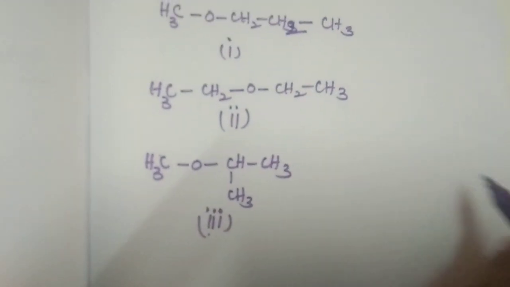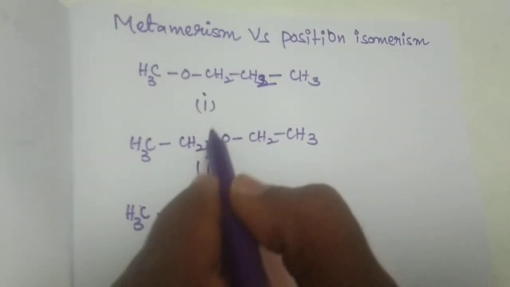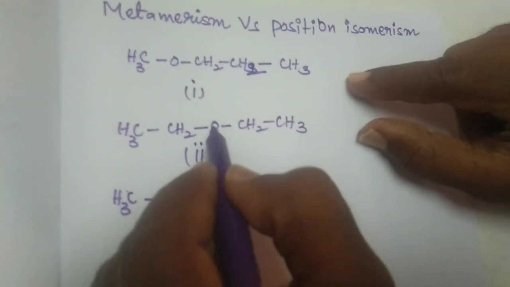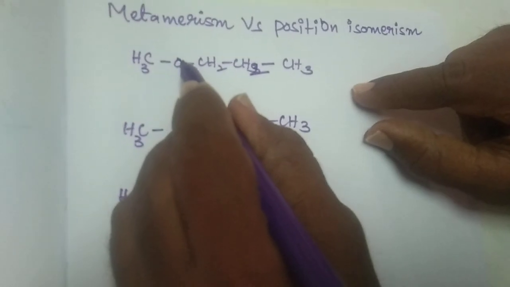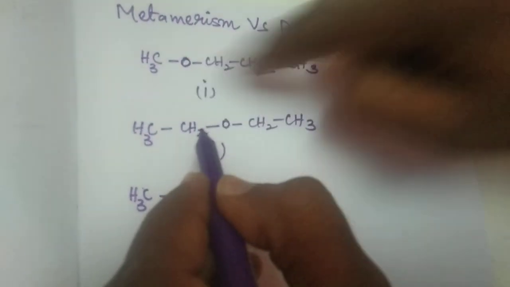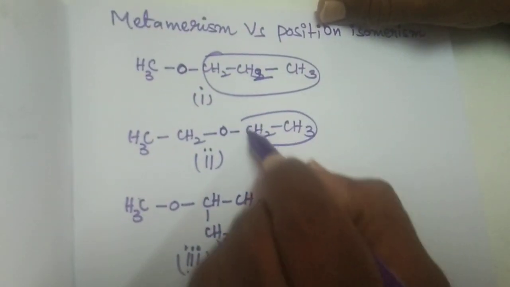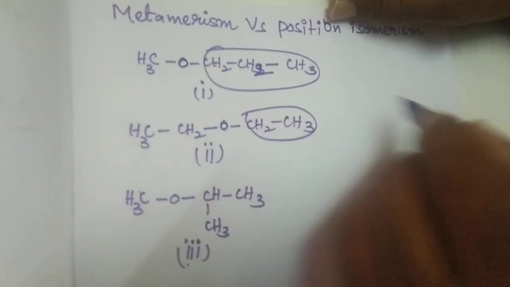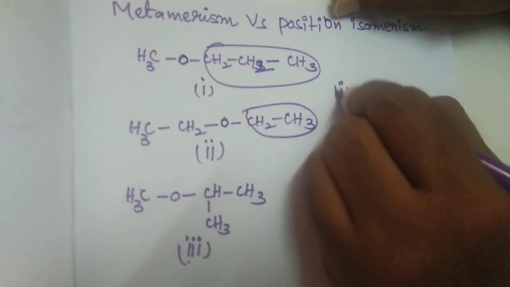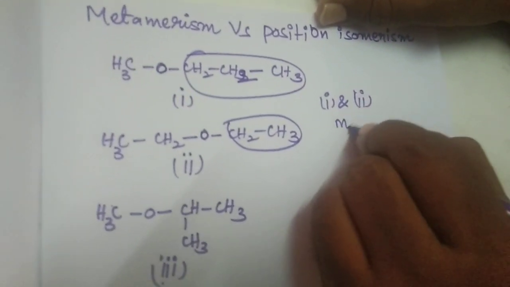So here, 1 and 2, if you observe, both have the divalent atom with different alkyl groups. Here a propyl group is there, here an ethyl group is there. So 1 and 2 are metamers.